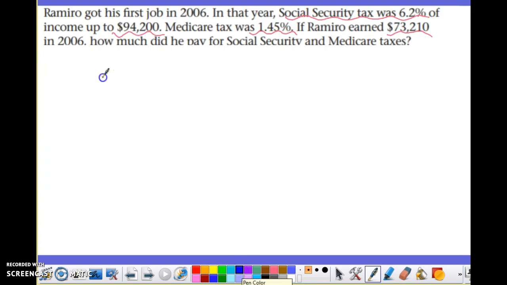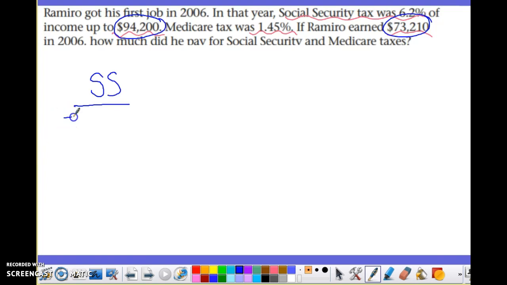Well, if we start with Social Security, we first have to think. We know that the cap for Social Security is $94,200. That's the max taxable income. Well, Ramiro is under that amount, so we don't have to worry about going over that max. So he has to pay 6.2% of his income.